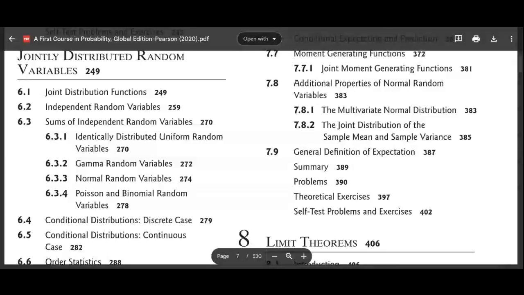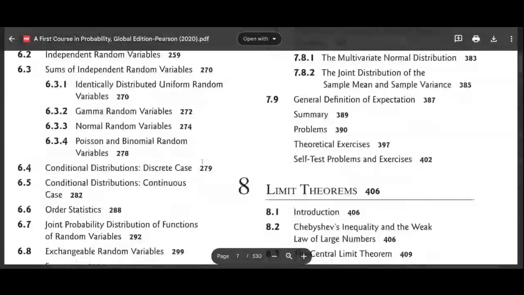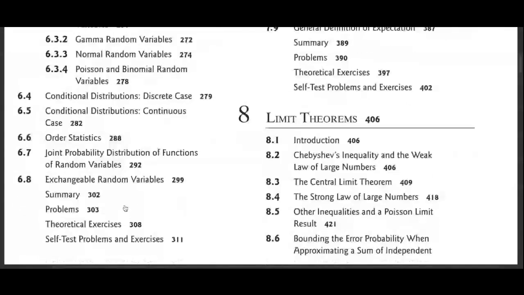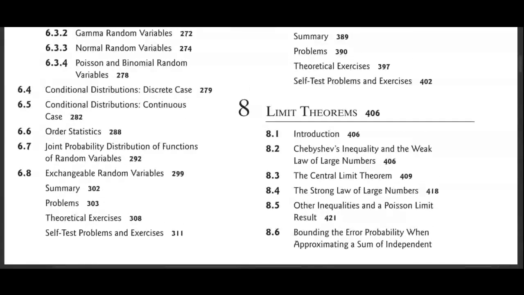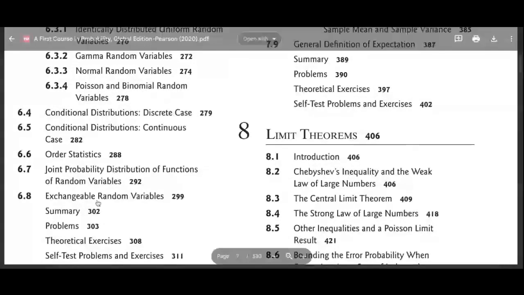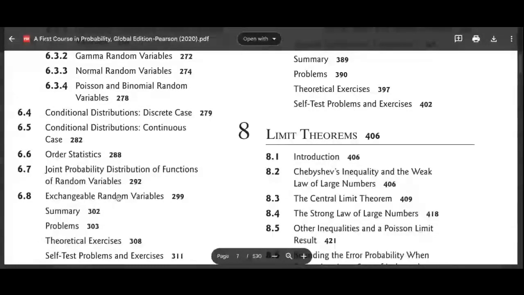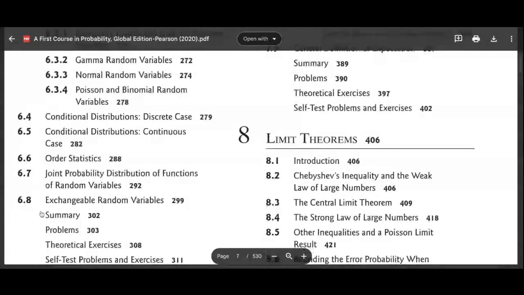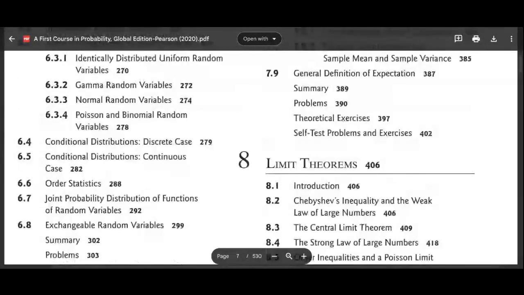Then conditional distributions, discrete case. I guess we don't have to talk about this. So we will finish order statistics, joint probability, and exchangeable random variables. Probably we're going to skip 6.4, 6.5, 6.6, then talk a little bit about 6.7 and 6.8. So that's chapter 6.